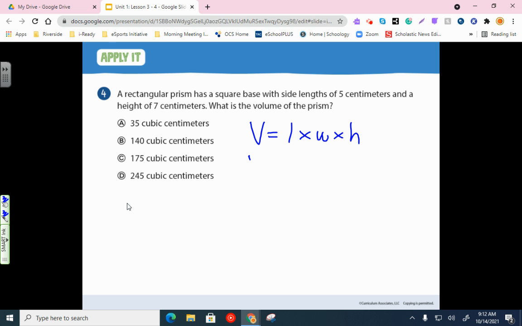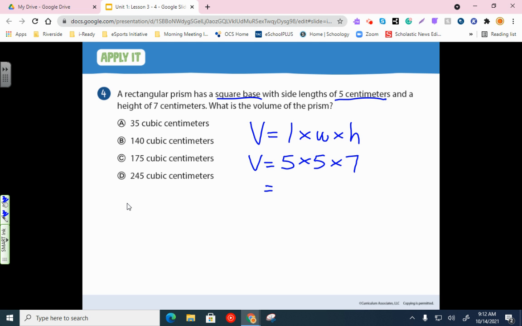Now, we have been given the height, which is 7, but it only mentions 5 centimeters up here. The key to this one is the base is squared. And if you remember with geometry, squares have equal sides. So our length and width, if it's a square base, is going to be 5 times 5.